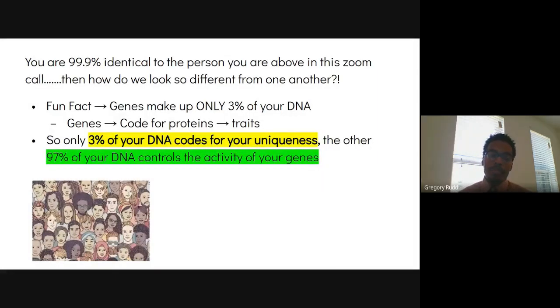So each human is 99.9% identical to any other human. In fact, we have very, very few genes that are unique to us. And again, a gene is just a section of DNA that codes for a specific trait.